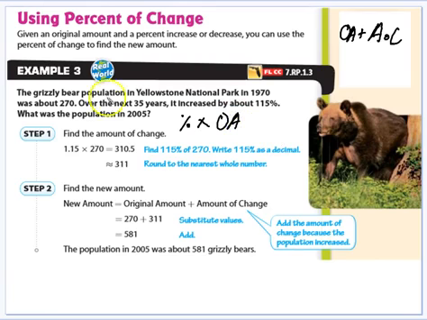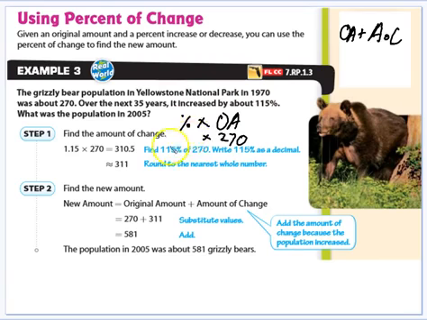So the grizzly bear population in Yellowstone National Park in 1970 was about 270. Over the next 35 years, it increased by about 115%. What was the population in 2005? So in 1970, there was about 270. So our original amount, 270, multiplied by 115%.